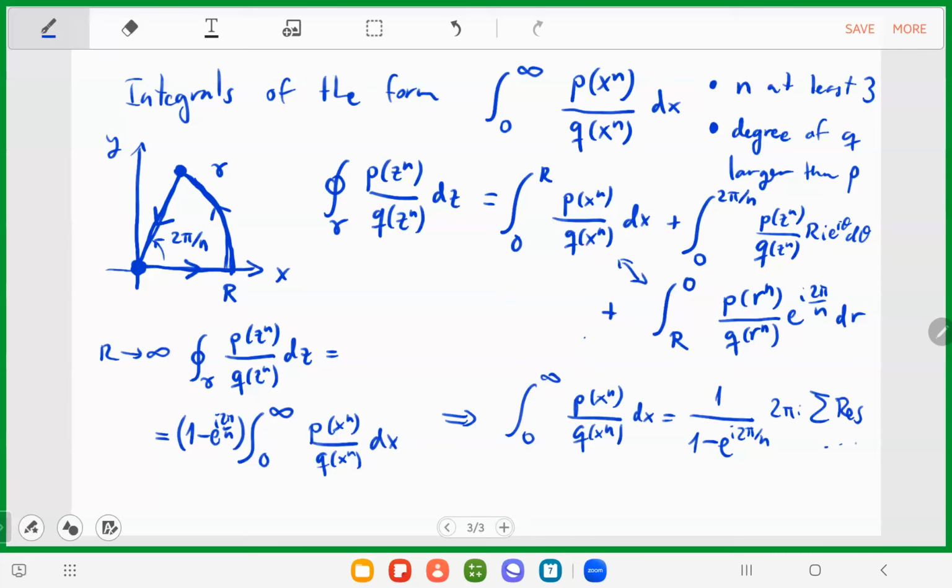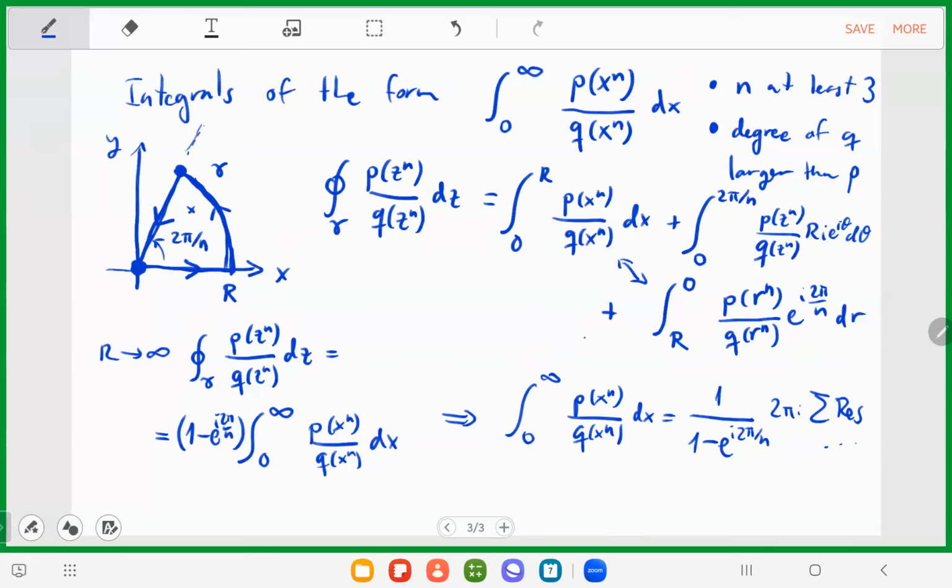Well, here the residues, notice that we want the singularities that are inside this contour, but the size of the contour will get larger and larger when R goes to infinity, but only between these 2 values of the argument.